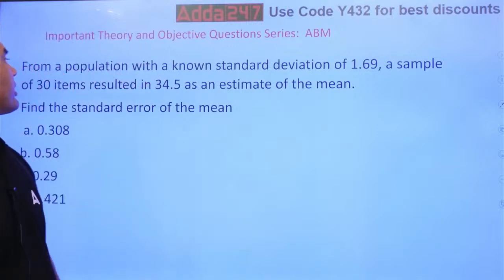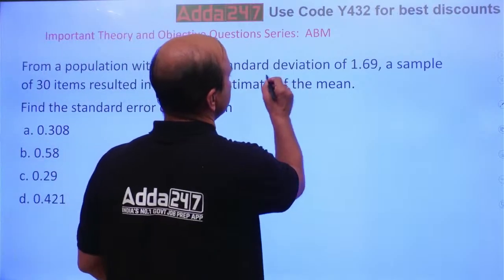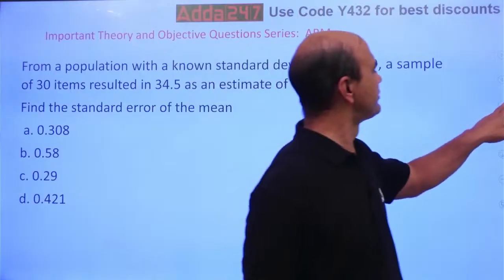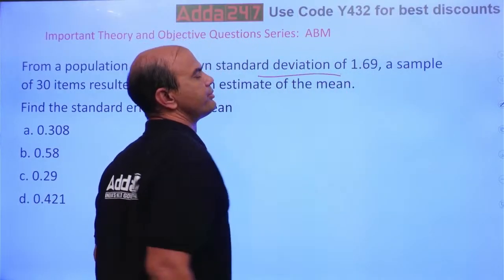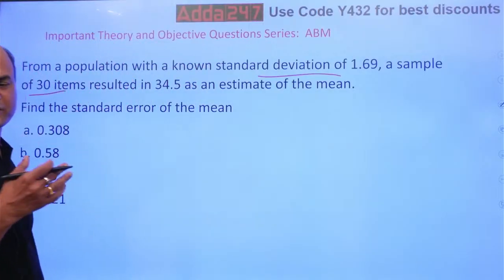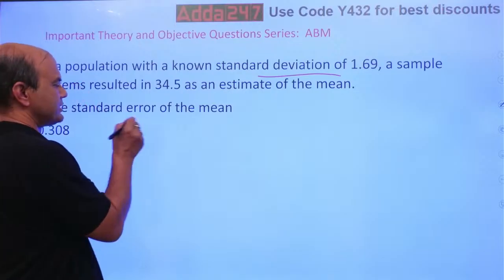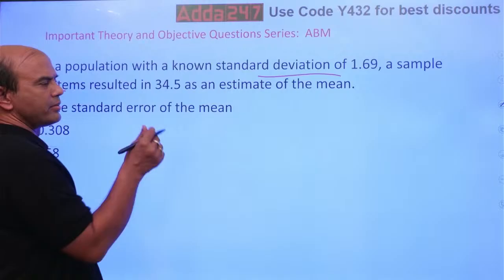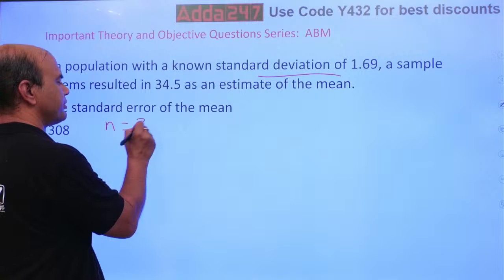Okay. The population with a known standard deviation is given. Sample of 30, so n is known. Let's write this one by one. n means number of samples, so n equals 30. Standard deviation is known as psi.